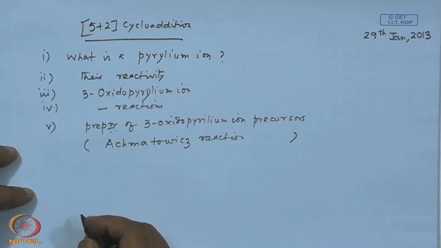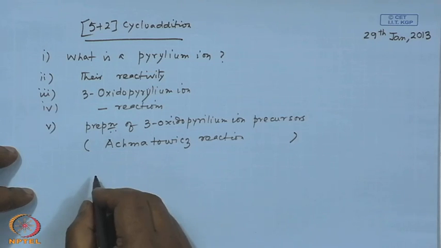Many reactions are done with the cyclopropenium ions. But what about heteroaromatic ions? Have you heard of any heteroaromatic ions? Not many. Actually one of the commonest ones is basically the pyrylium ion.